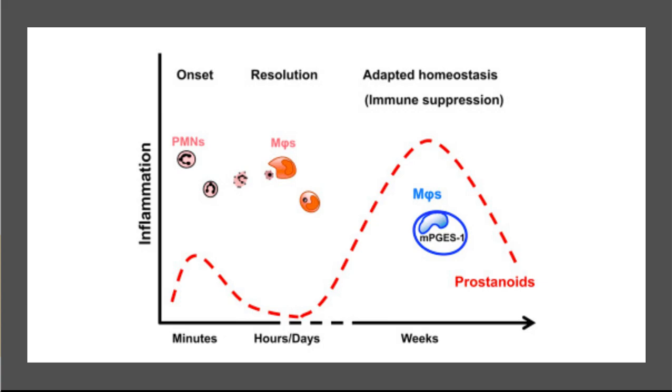Other control mechanisms that have been demonstrated experimentally include neural impulses, which inhibit the production of TNF in macrophages.